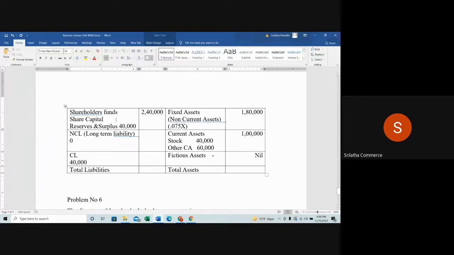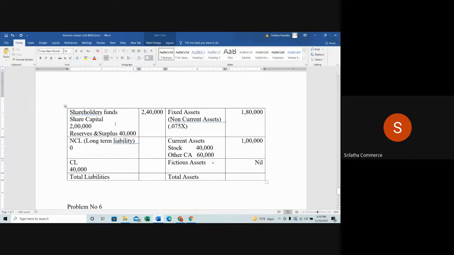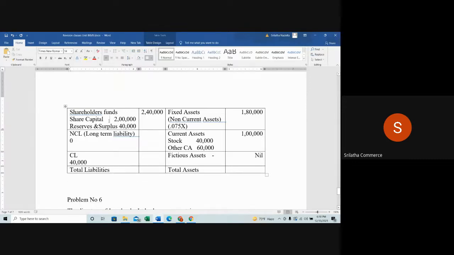Share capital will be 2 lakhs. So 2 lakhs plus 40,000 is 2 lakhs 40,000. Long-term liability, he said nil. Current liabilities are 40,000.